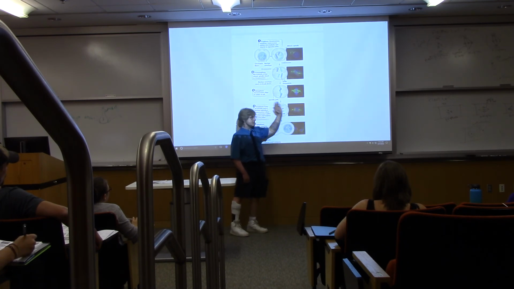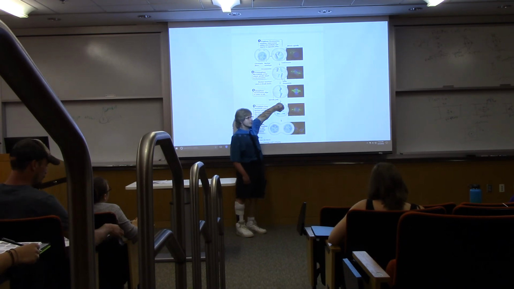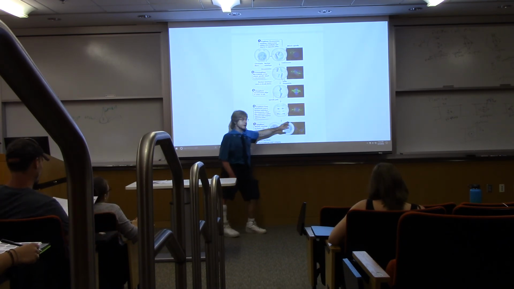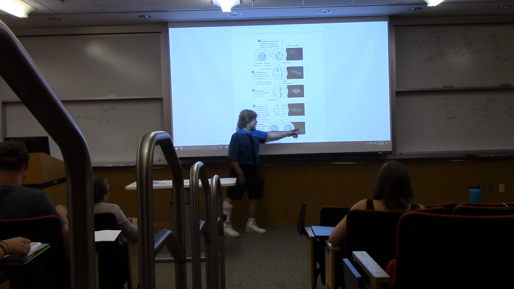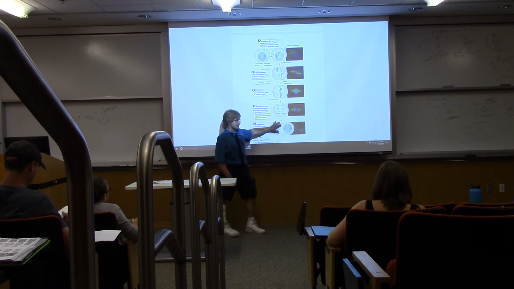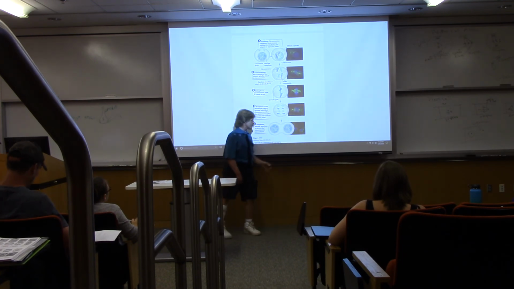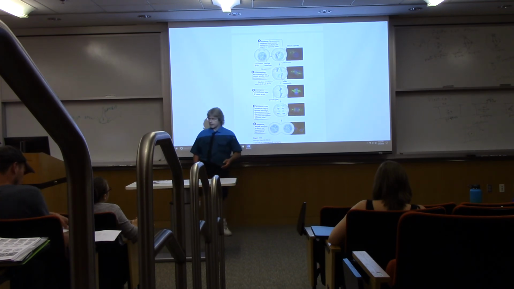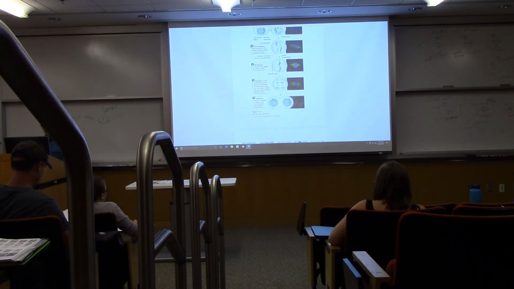And again, you can see the astral rays give some type of support or rigidity to the cell. And then telophase, the pinching off of the plasma membrane or the cleavage furrow. And then cytokinesis occurs.